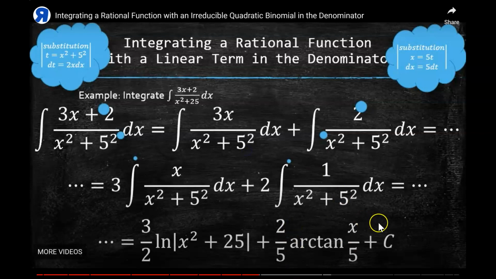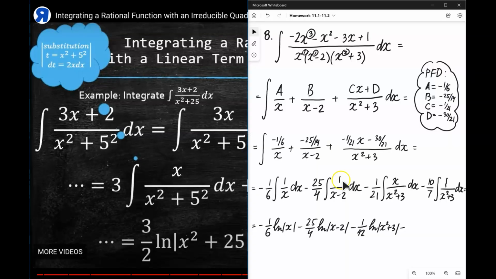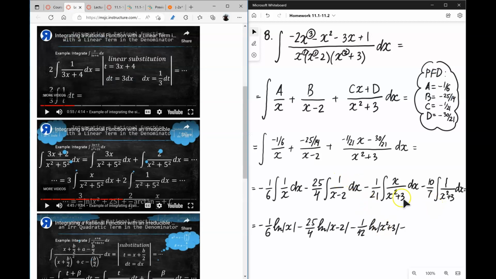So again, this is the pattern. In our case, instead of 5, we have square root of 3. So the answer here will be 10 over 7, and we're going to have an extra square root of 3 over here.